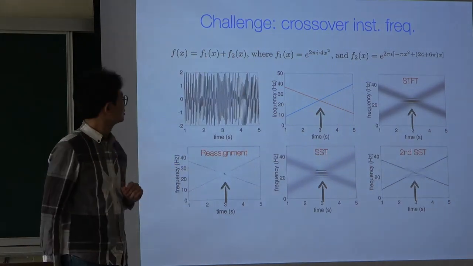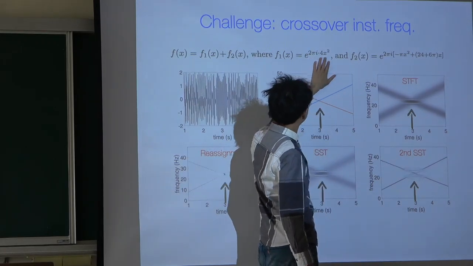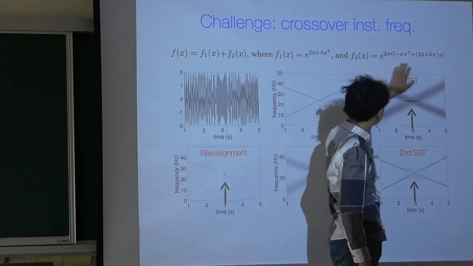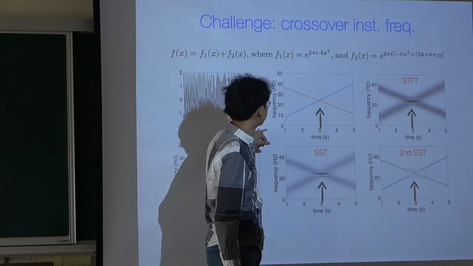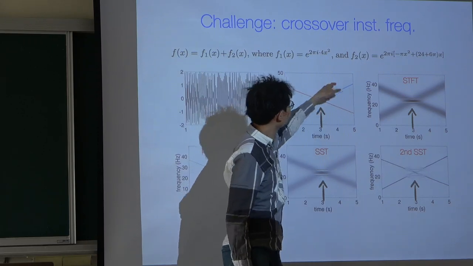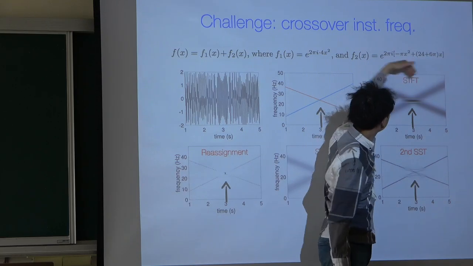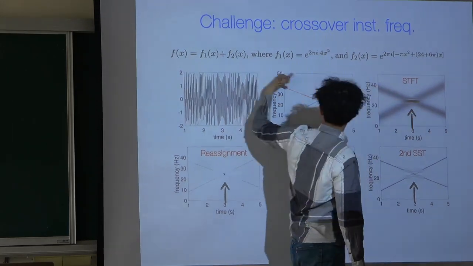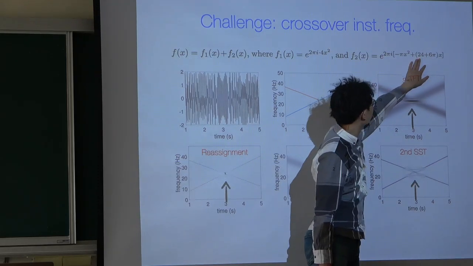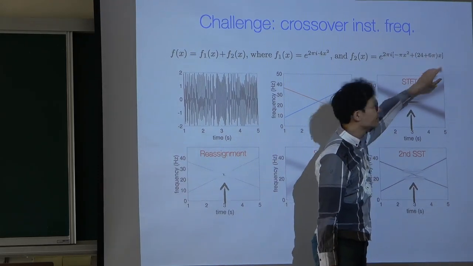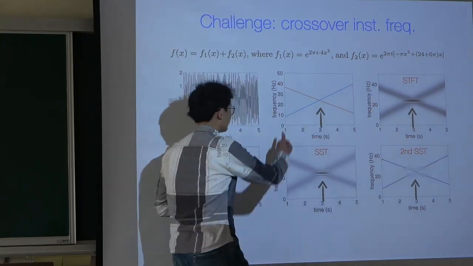And in this signal, you see that the signal is actually a summation of two chirps. The first chirp has frequency increasing, the blue one. The second one has frequency actually decreasing, the red one. You have instantaneous frequency 24 plus 6 pi, but you have the decreasing instantaneous frequency, so you have two chirps.